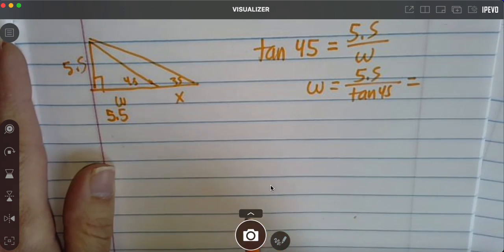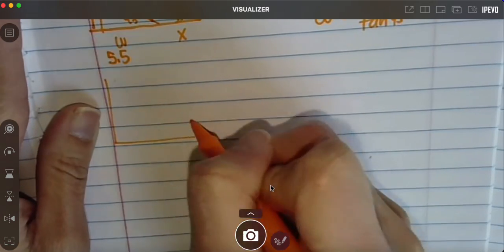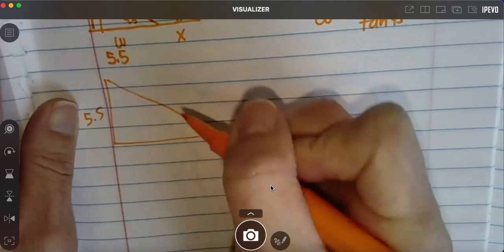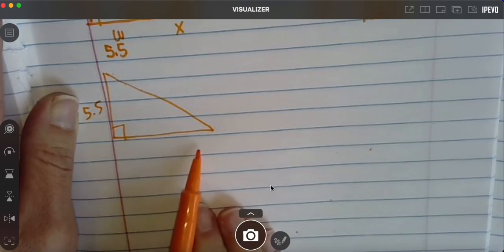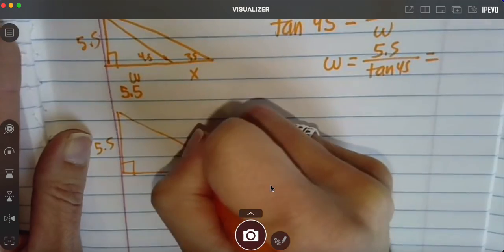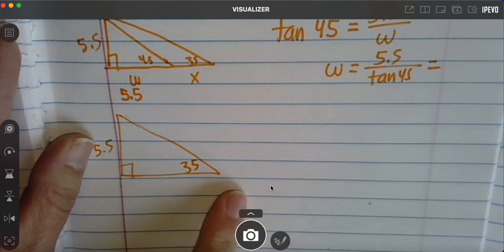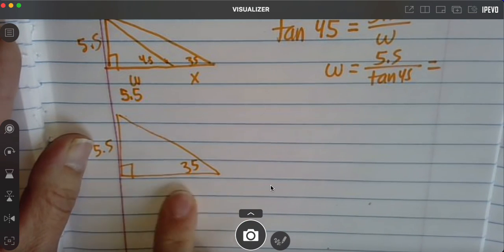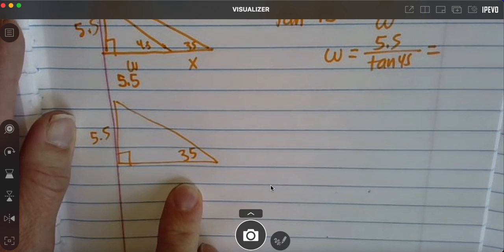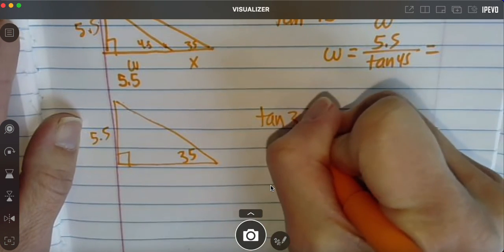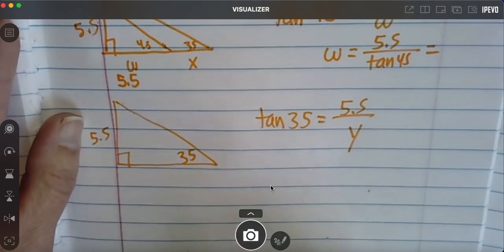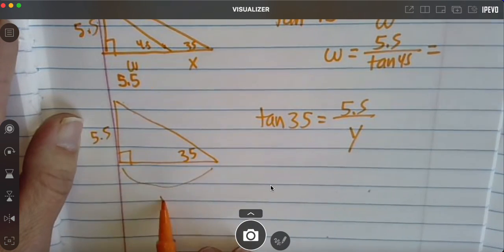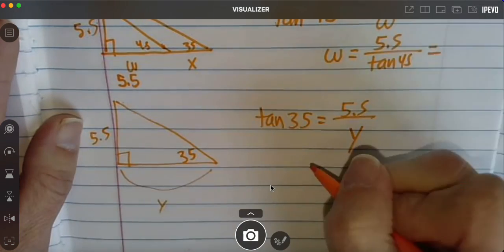Look, if I draw this big triangle without the other one in there, I know this is 35 degrees. Can I find the length of this whole side? Yes, I'm going to do that. What do I use? Tangent. So the tangent of 35 equals 5.5 over y, because y is the length of the whole side. So I would switch them.